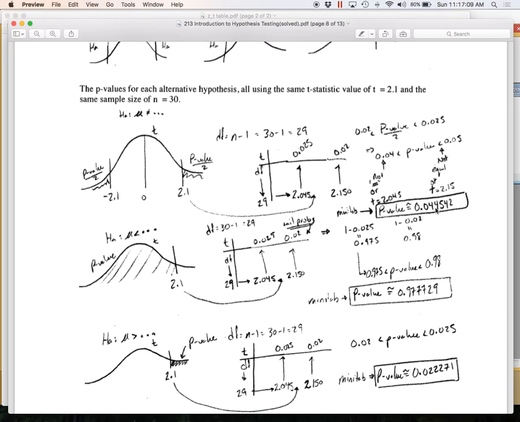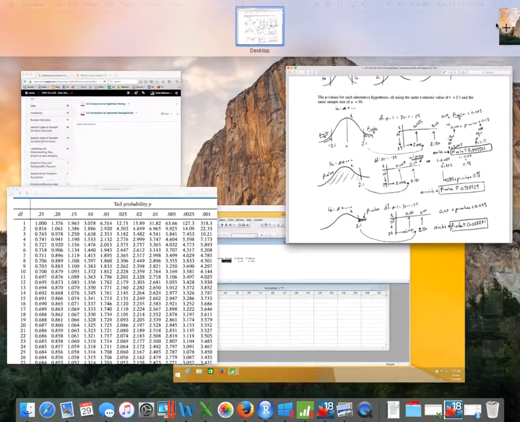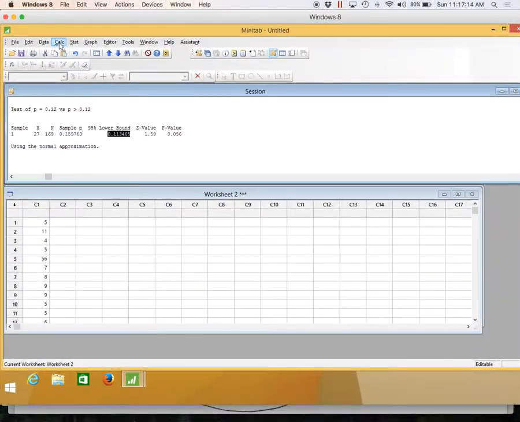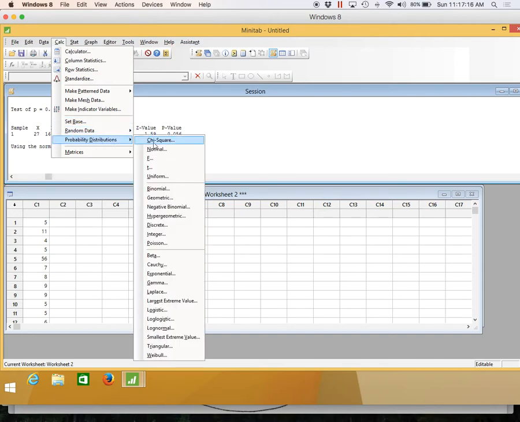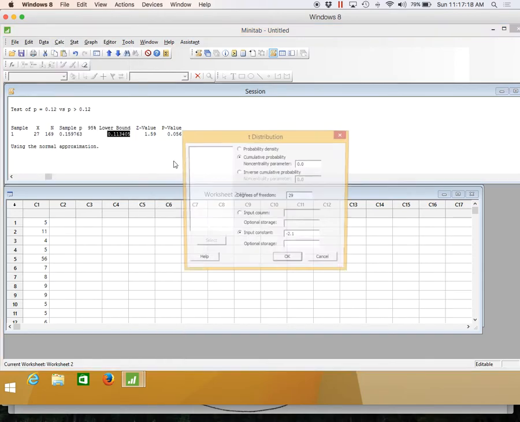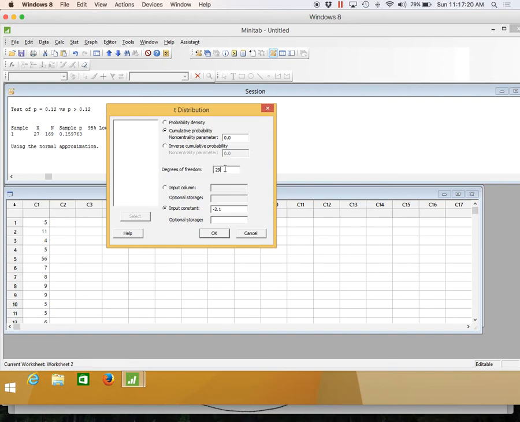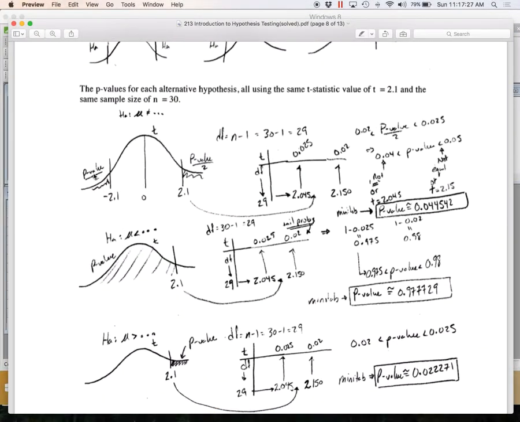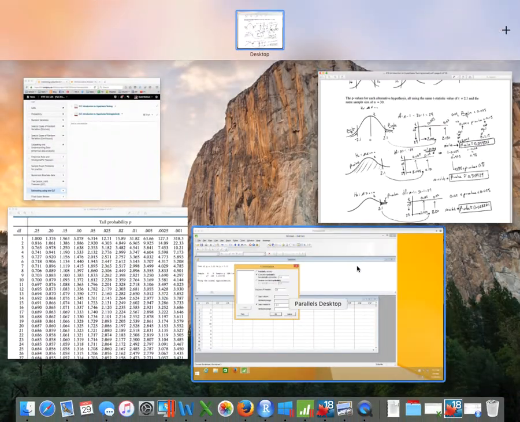To find the exact p-value, you have to go to Minitab. So let's go to Minitab, Calc, Probability Distribution. This is the t-distribution. The degree of freedom is 29, and the value is 2.1. Here I'm going to use Minitab to find this cumulative area, at negative 2.1.